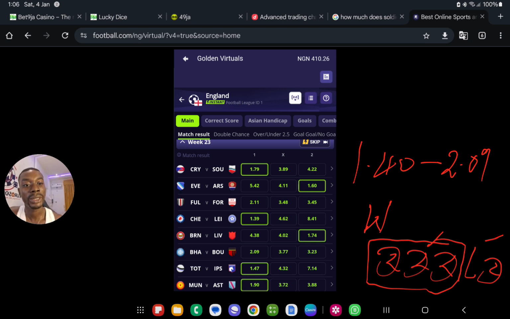So the best way is to get a team that records a win in the last game, because at that point it has already broken from the trend of draw or loss. At that point you trade on it when it's giving this odd range.